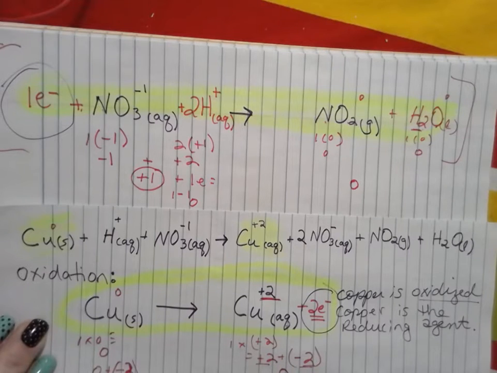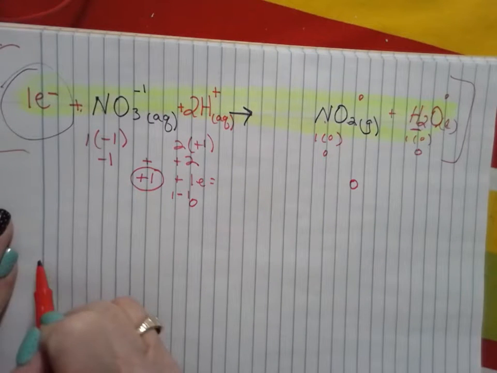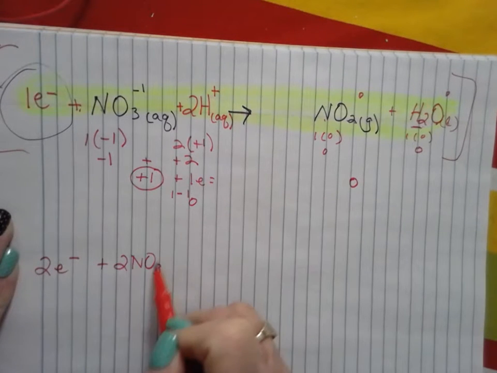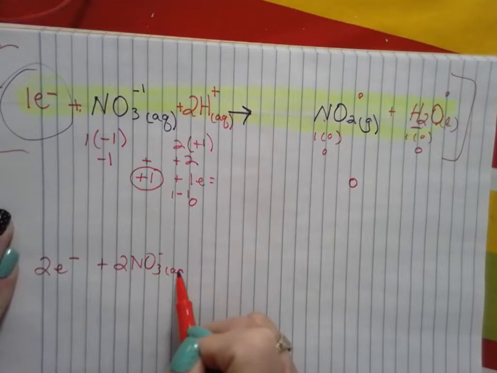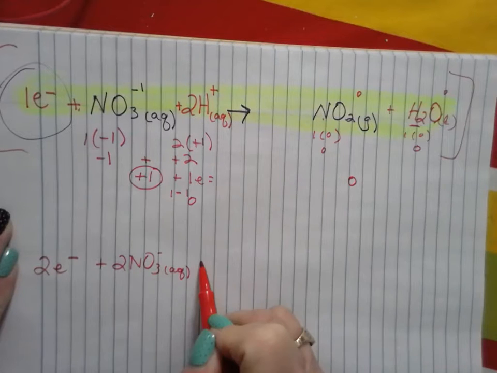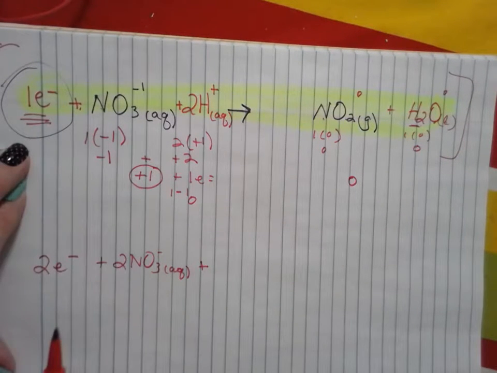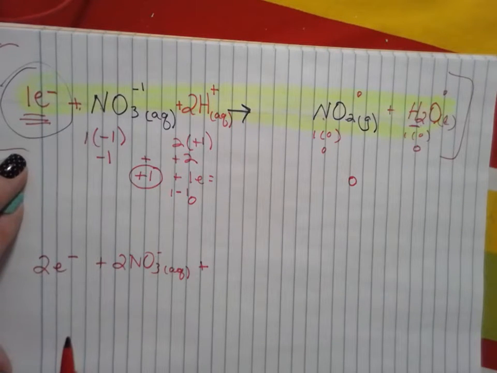So when I do that, I get 2 electrons plus 2 nitrates aqueous. Wait, why are you multiplying by 2 again? Dude. Got to have 2 electrons. Okay, I get it. Because if I have 2 gained, that means 2 are lost.